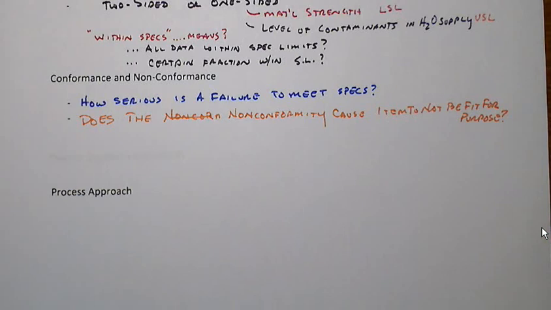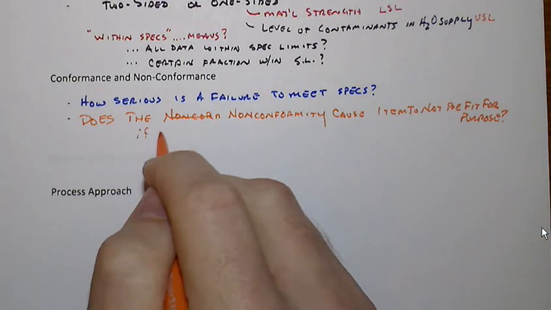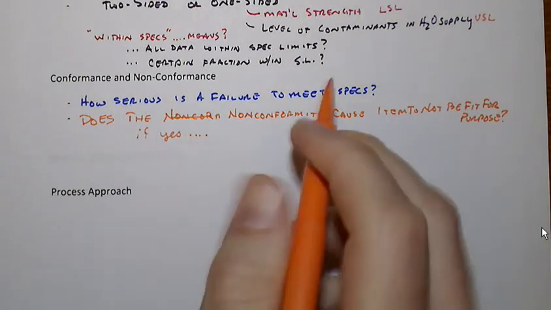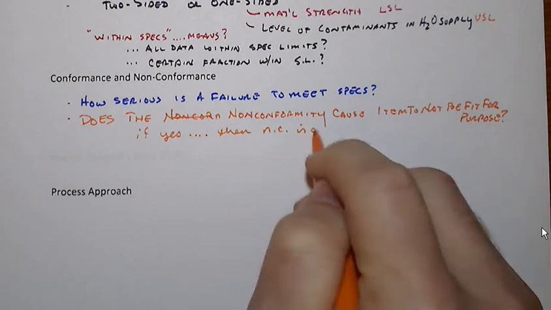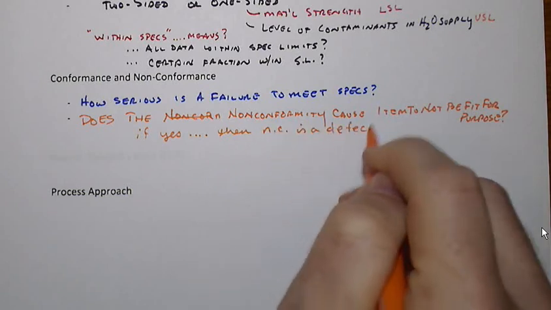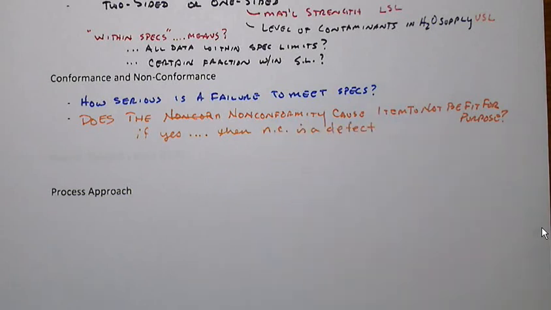Okay, and so if yes, then the nonconformity is a defect. And so if a certain part has to be a certain length within certain specification limits and it's outside of that, it screws up everything else about the assembly, then okay, that's a pretty serious issue. And so you say, well, it's now got a defect.